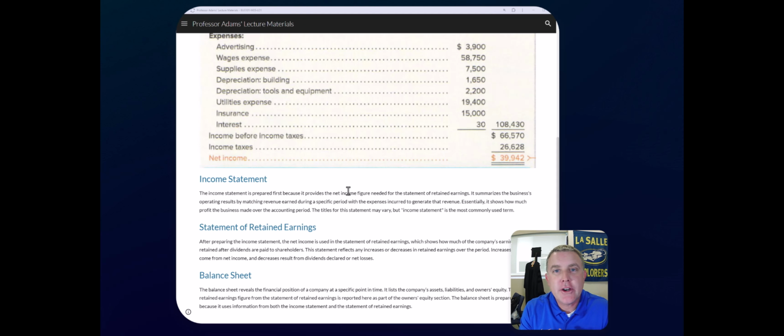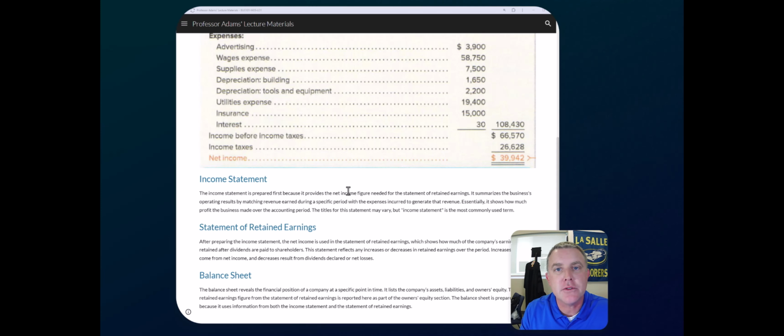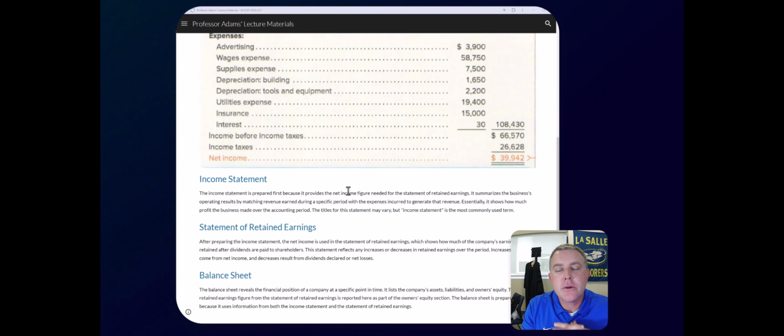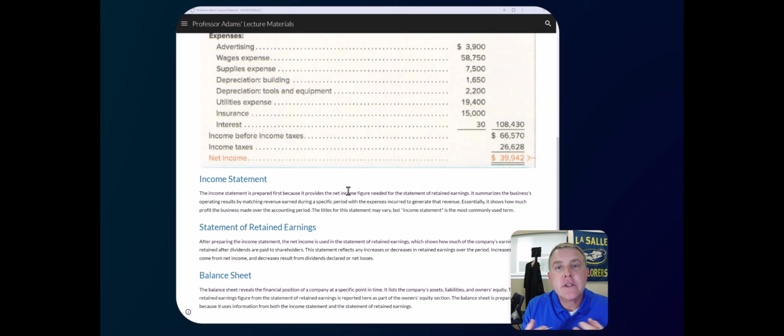The statement of retained earnings is capturing the change in retained earnings that appears in the shareholders' equity section of the balance sheet. All right, so the idea with retained earnings is each year as we make income, we have two choices. We could either send that income back to the owners of the company through what we call a dividend, or as a company, we could hold on to those earnings so that we can reinvest them in the business.